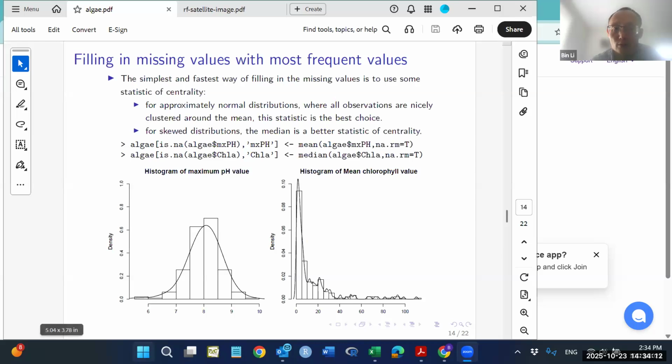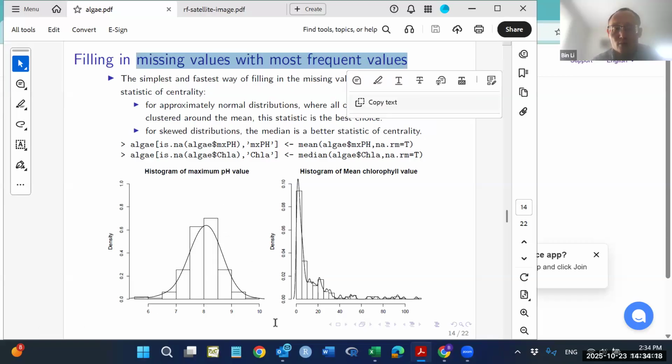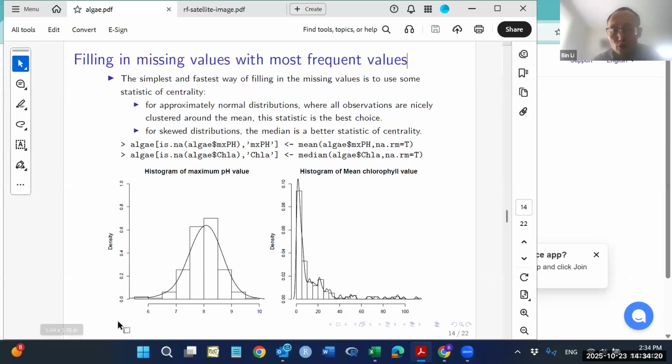Okay, so then we can also fill in the missing value with the most frequent. For this variable, pH levels, we can probably replace by the mean or median. It doesn't matter because when it's symmetric, mean and median are very close. But for this one, this variable is highly skewed to the right. So mean is not good. Why?